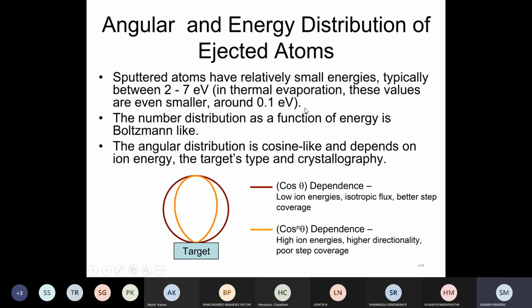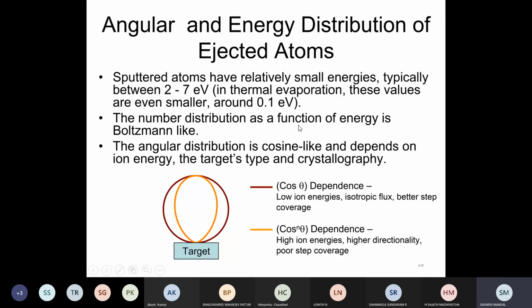That is the reason we need not worry about the cos theta or cos to the power n dependency in thermal evaporation, because the energy is very low. But in sputtering, it may not be a big problem, but still there is some dependency.